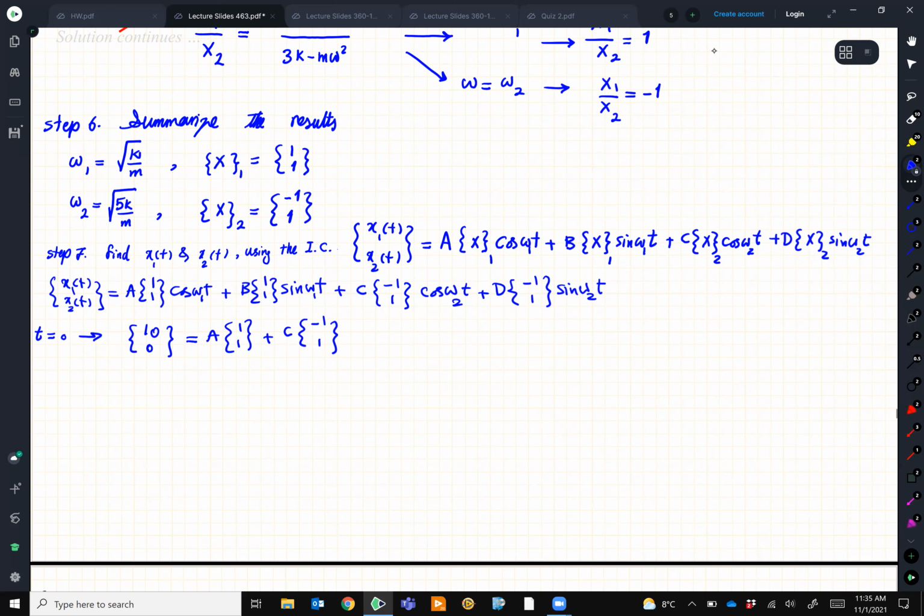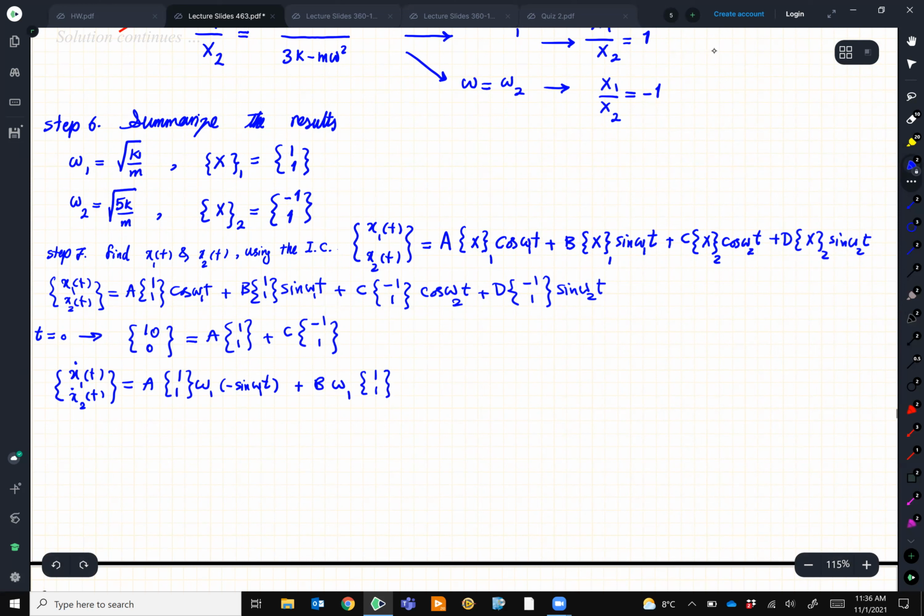I need to write down the above equation one more time, but this time x dot 1(t), x dot 2(t). Just simply take the derivatives. They are all constants. This is omega 1, and this is minus sine omega 1t. So this guy will be b omega 1 cosine omega 1t.